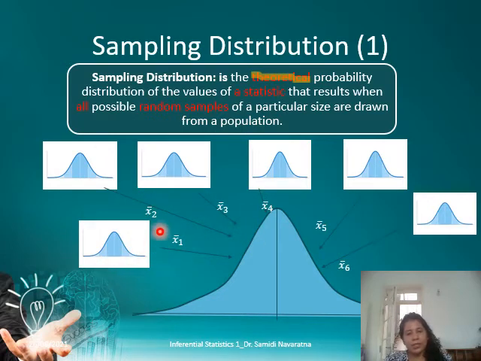Then using these means, you draw a frequency distribution. So then that distribution is known as the sampling distribution of means. Because we have taken means here, you can use the term sampling distribution of means. Of course, you can use other summary statistics like median and standard deviation, etc.